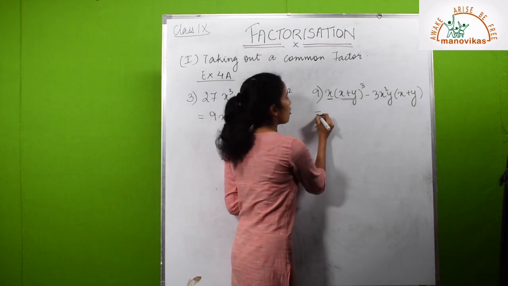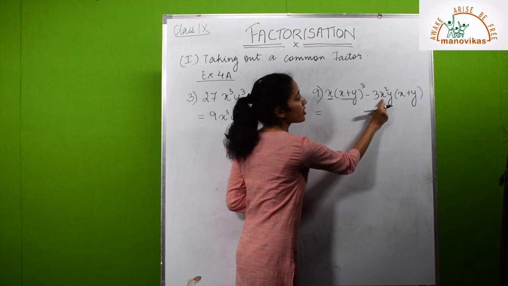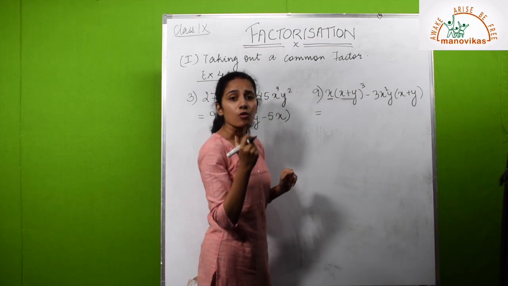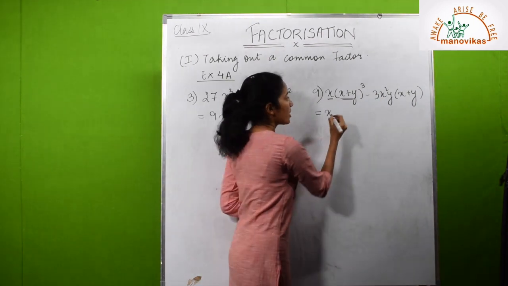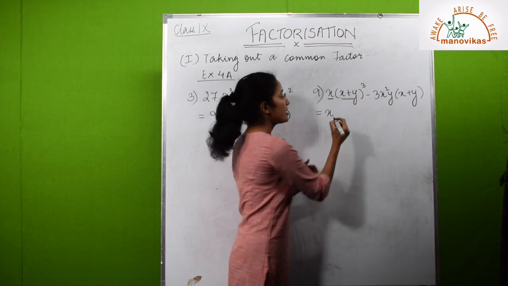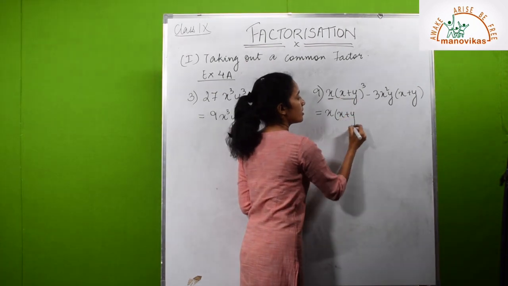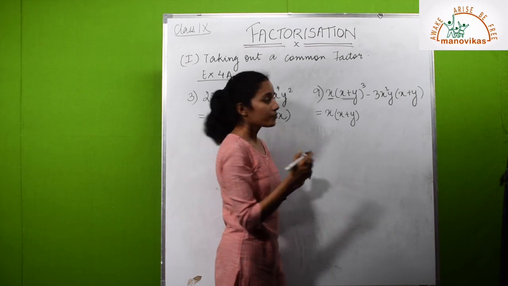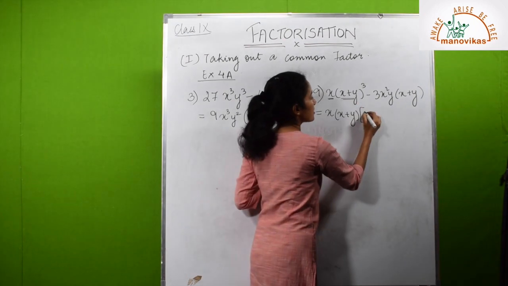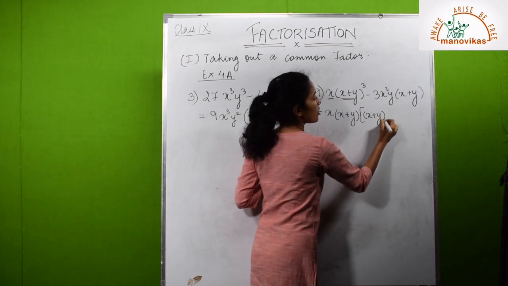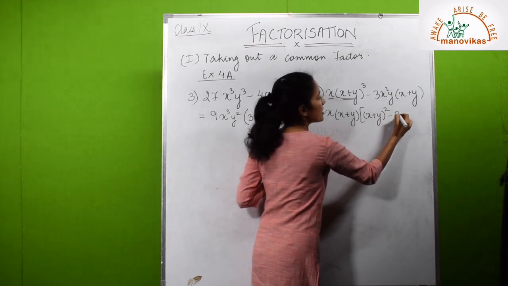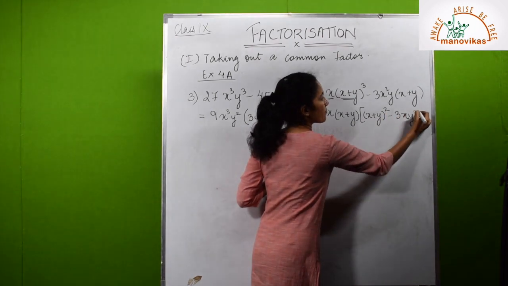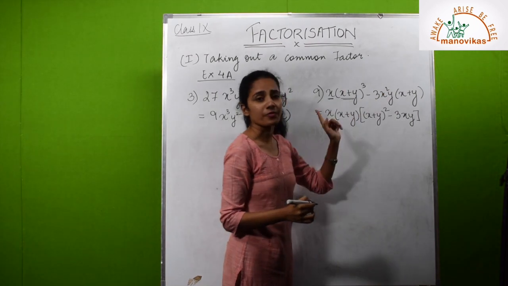So when you are taking it common, we see that x is over here also. So the one with the lowest degree, that is x, and the entire bracket with the lowest degree again is x plus y. The degree over here is 1. So what remains inside is x plus y the whole square minus 3xy, since 1x is taken out from here.